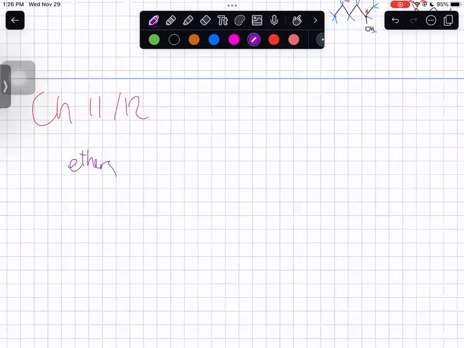For ethers, we can either just say ether, because that's your parent chain, or when you have some carbon chain branching off, then we use the ending oxy.